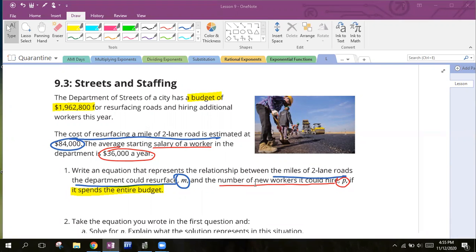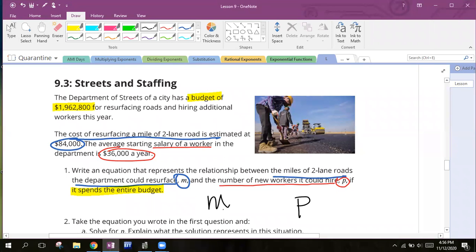I wanted you to see how they're color coordinated. I highlighted and underlined certain things in certain colors that go together. To match this budget, I know that my budget is made up of how much road we can resurface and how many workers we can hire.